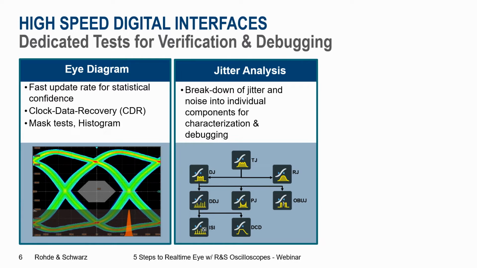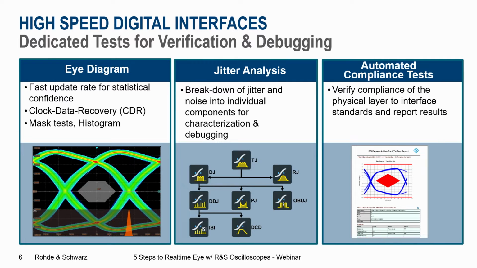Then the next tool would be the detailed jitter analysis. With jitter analysis tools, you can look more into the individual components of the jitter. For example, you can look whether there is more random jitter or more data-dependent jitter, and conclude what you can improve on your design.